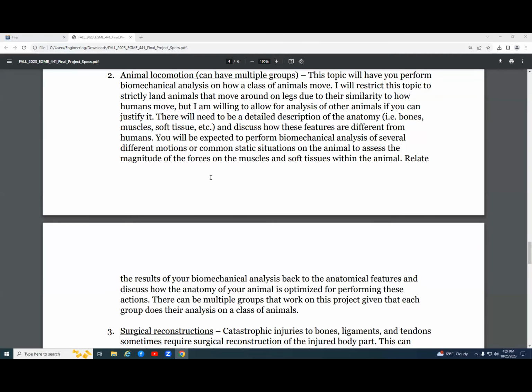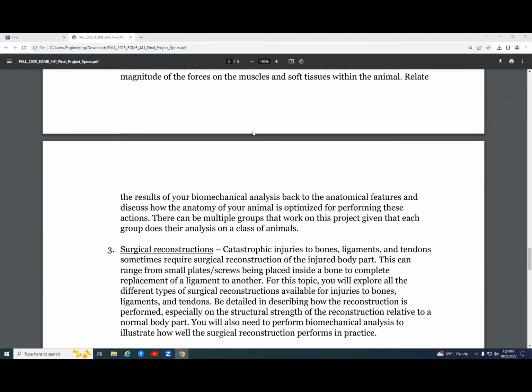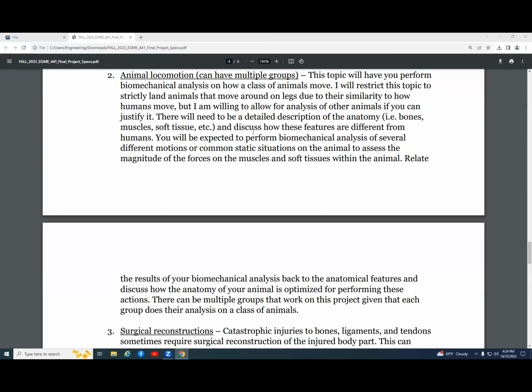So if you want to analyze how a cheetah runs or jumps up on things, or how a bear goes fishing, and how much strength the bear needs to break into your SUV when you're going camping, all of these would be really interesting topics for the project, and you're well equipped to do that. By the time you do this project, you'll have lots of different analysis techniques for statics and dynamics to do this kind of analysis.